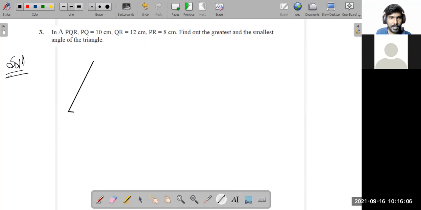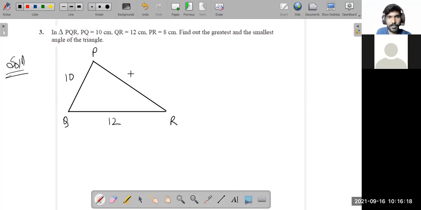This is P, this is Q, this is R. PQ is 10, QR is 12, PR is 8. They are asking you to find out which is the greatest and the smallest angle of the triangle.